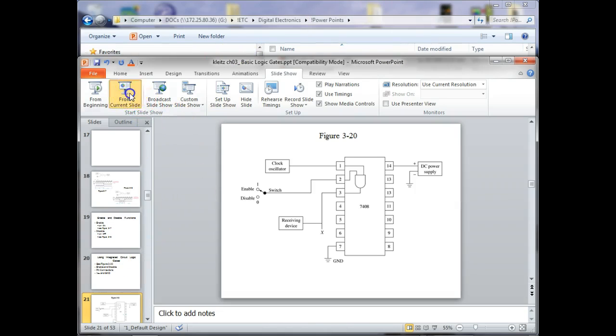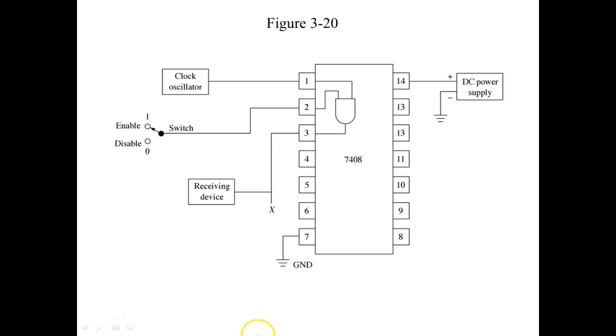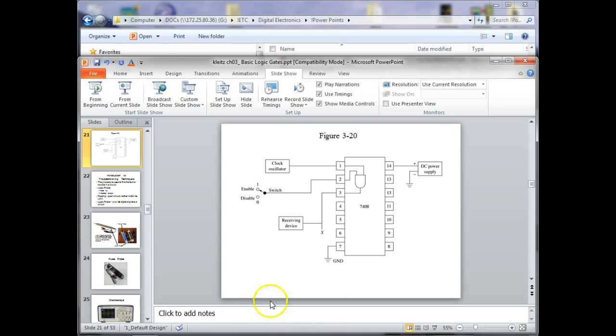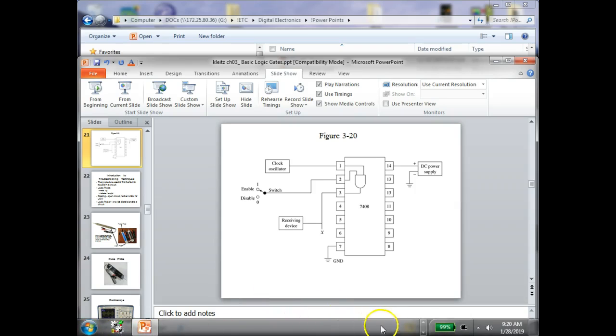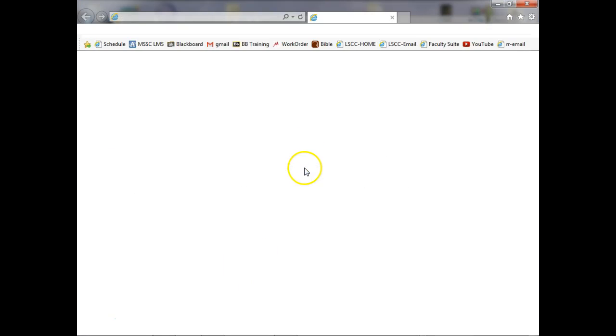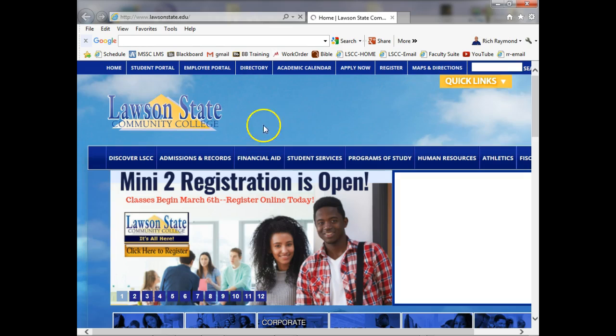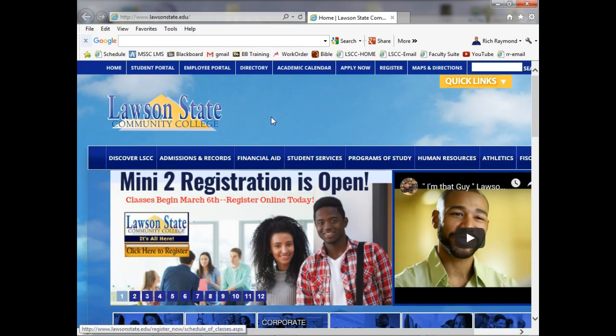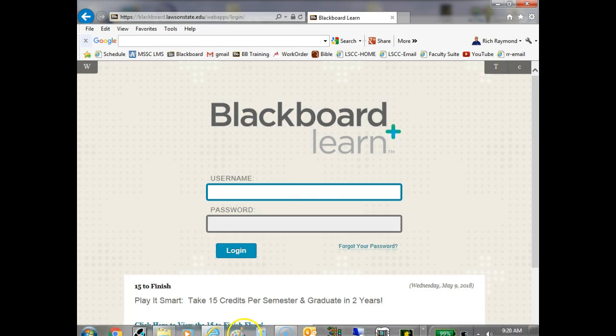So this is a pin out of a 7408. And like I said, the textbook, I don't know about the online version of the book, basically gives you the pin out of a bunch of chips, integrated circuits.